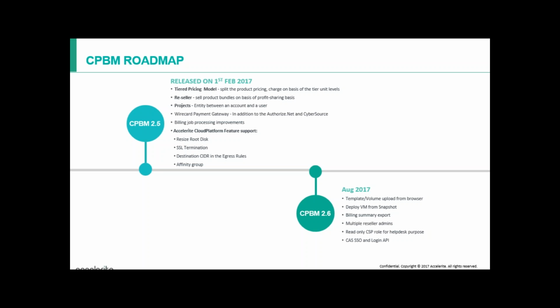We added reseller functionality. Now you can unleash all your resellers and partners to go and sell your services. They can manage their own accounts, onboard their own customers, and finally there's a settlement between CSP and reseller that you can do.